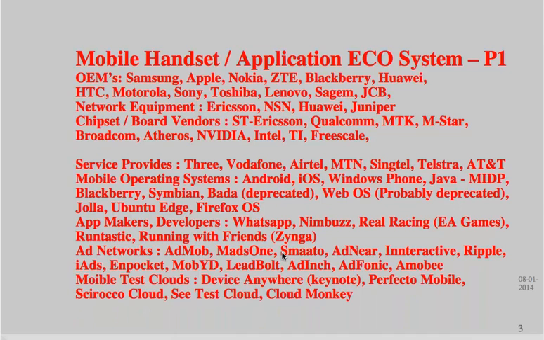WebOS was earlier Palm OS, and then they sold to HP, and then they converted the name to WebOS and probably deprecated, or probably LG maybe purchasing it and then making phones on it.